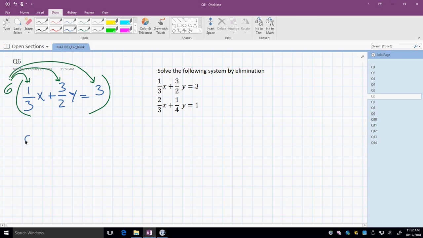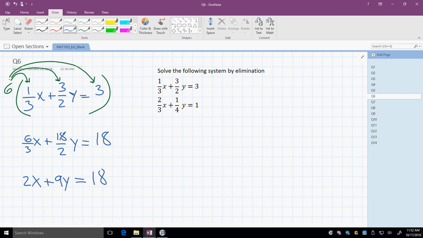So 6 times 1 is going to give me 6 over 3x plus 3 times 6 is going to be 18 over 2y equals 3 times 6, 18. I can simplify those fractions. So 6 divided by 3 is going to be 2x. 18 divided by 2 is going to give me 9y equals 18.